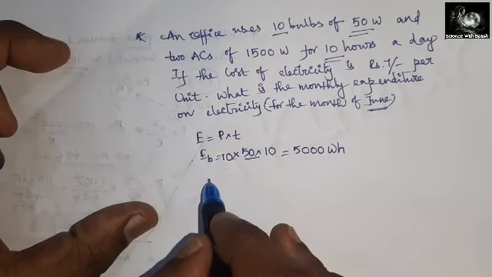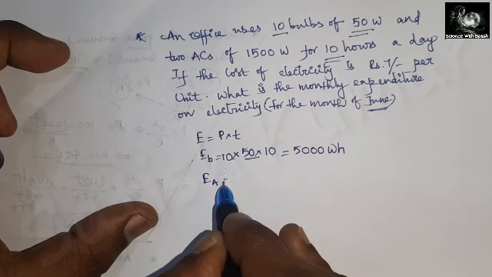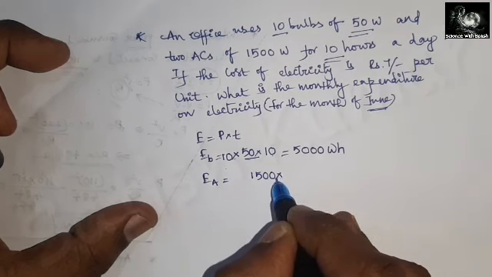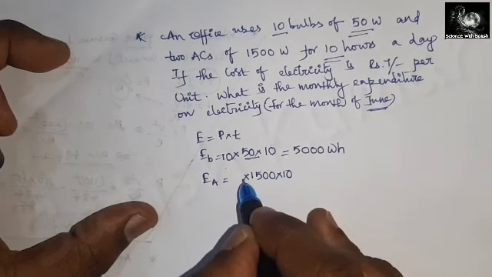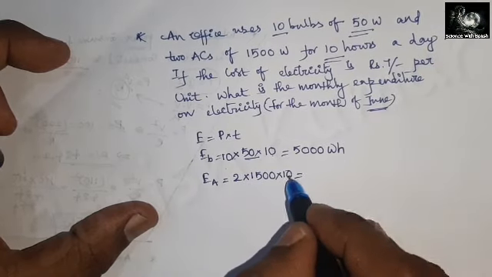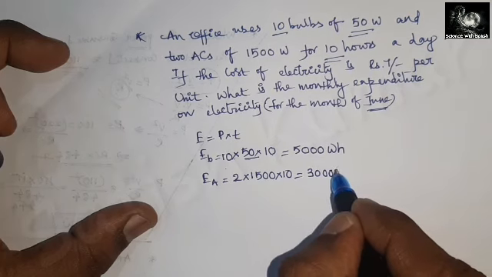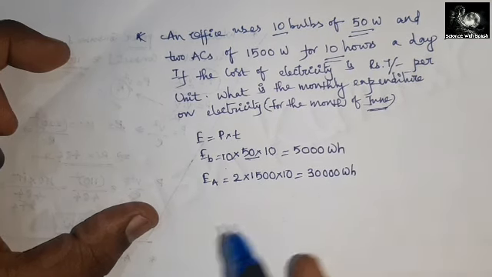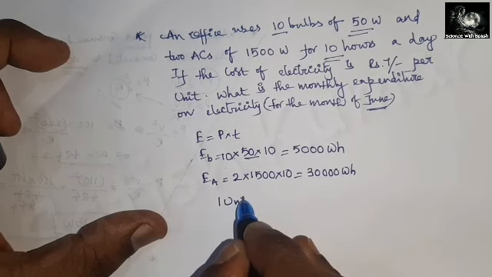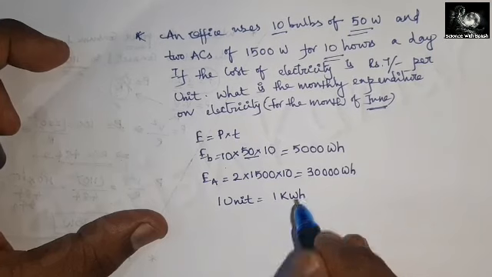Now electrical energy for air conditioners: the power is 1500 and the time is 10 hours and the number of units is 2. So this will be 15 into 2, 30,000 watt hours. You know very well 1 unit is equal to 1 kilowatt hour.